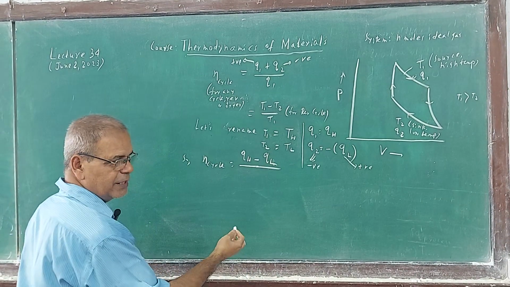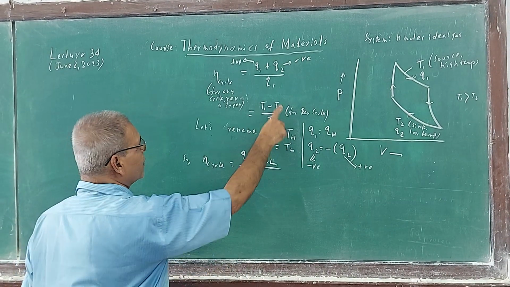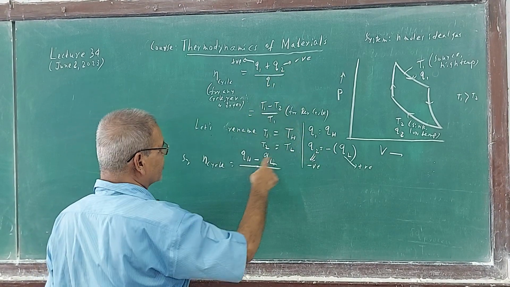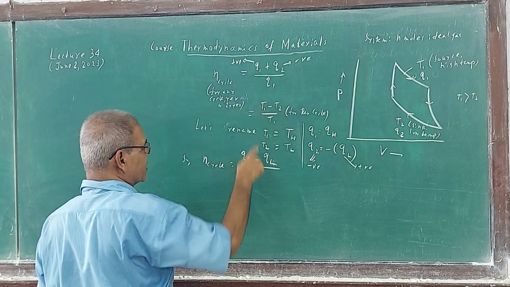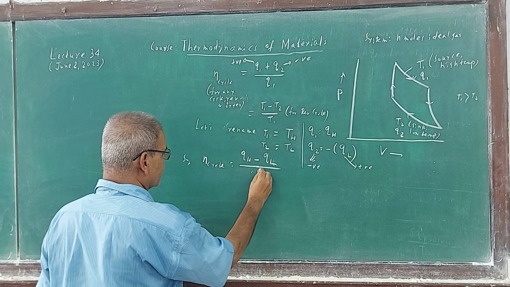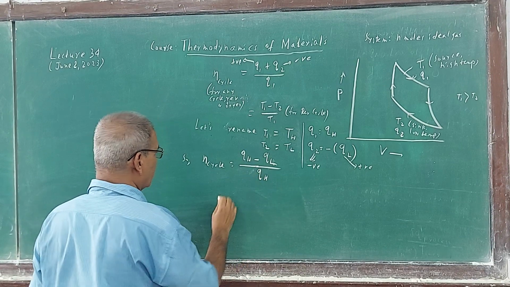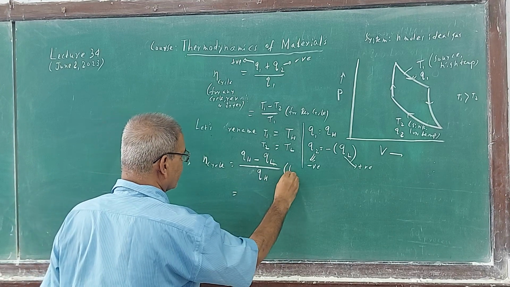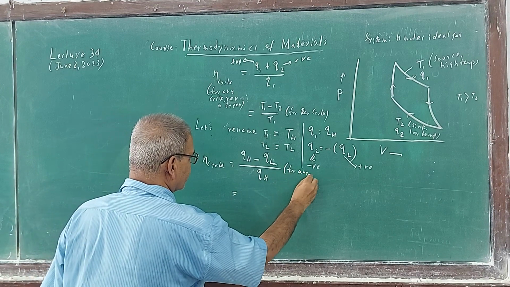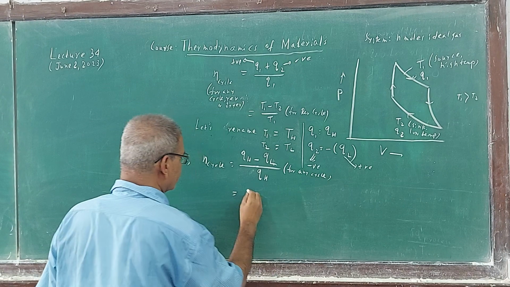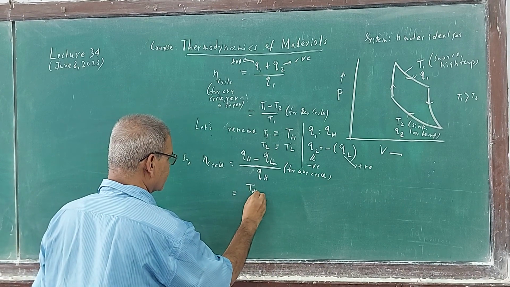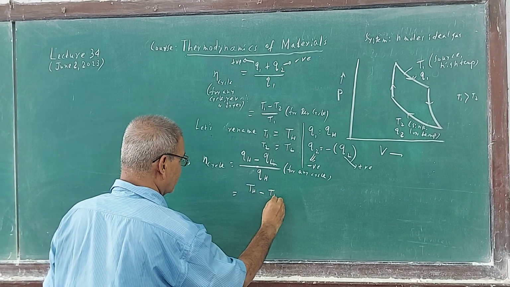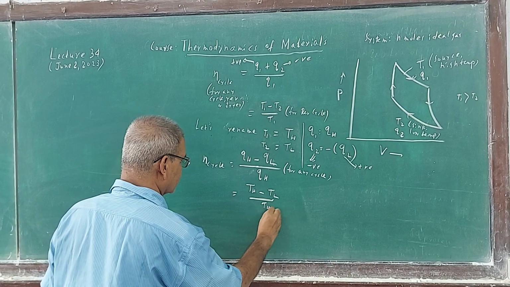Very easy. Since I have made it minus QL, it is now minus. See the change: eta is QH minus QL by QH for any cycle, and this is TH minus TL by TH for a reversible cycle.